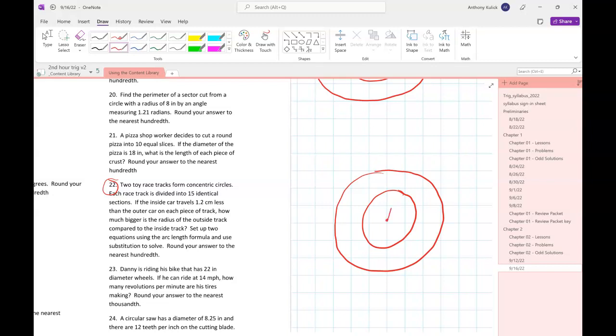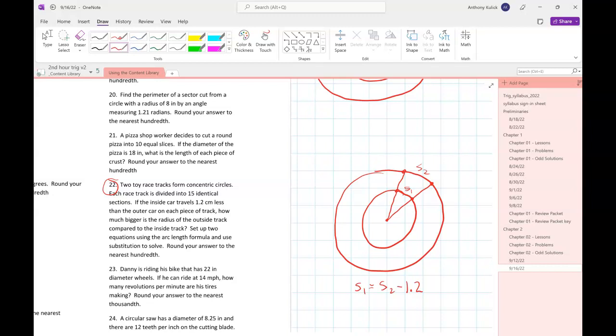So I'm just going to draw one of those 15 identical sections. And it says if the inside car travels 1.2 centimeters less than the outside car on each piece of track, so if this is S1 and this is S2, S1 is equal to S2 minus 1.2.